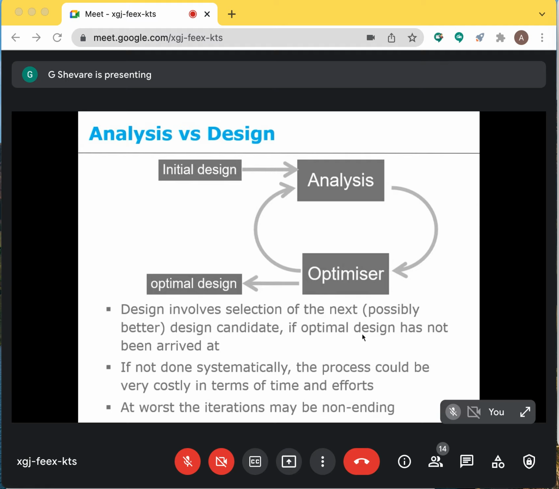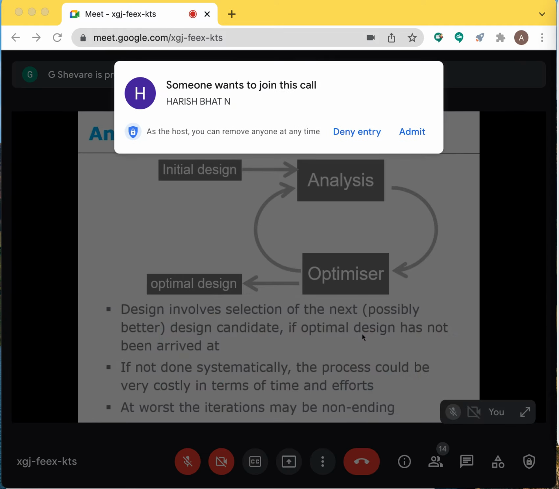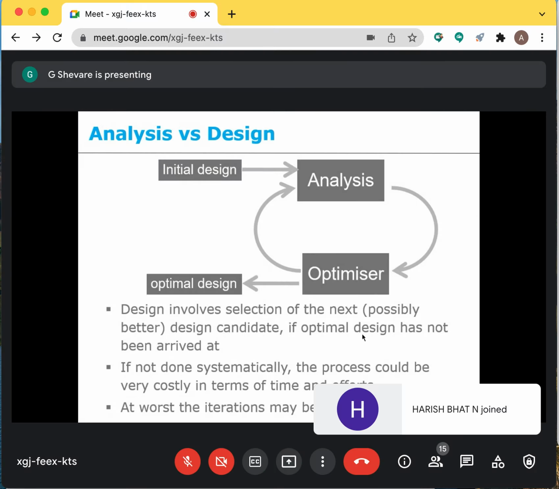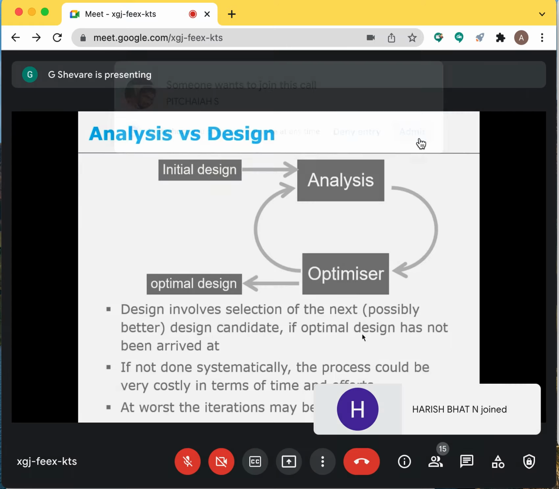So the loop that is indicated here is what we are attempting in this workshop. All the time we will be talking either on analysis, and yesterday we talked about multidisciplinary analysis, how to have a very complex analysis carried out using what are called component or math models, or many times called modules, is what we have seen.